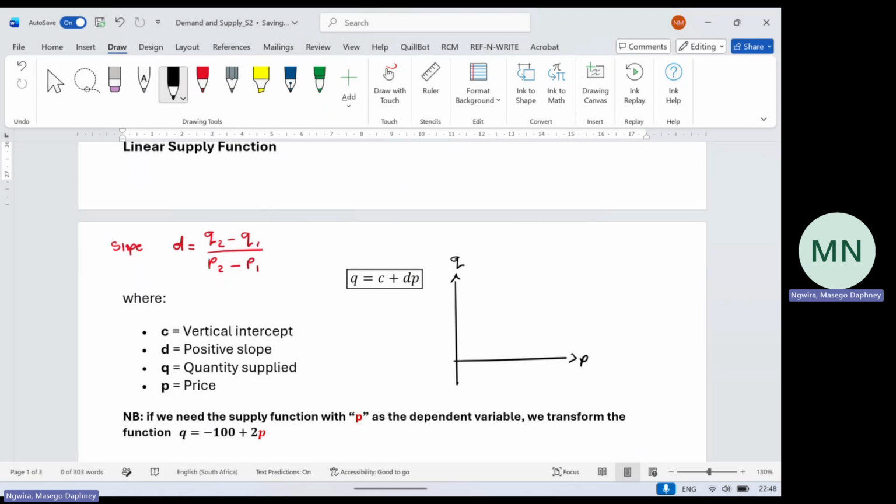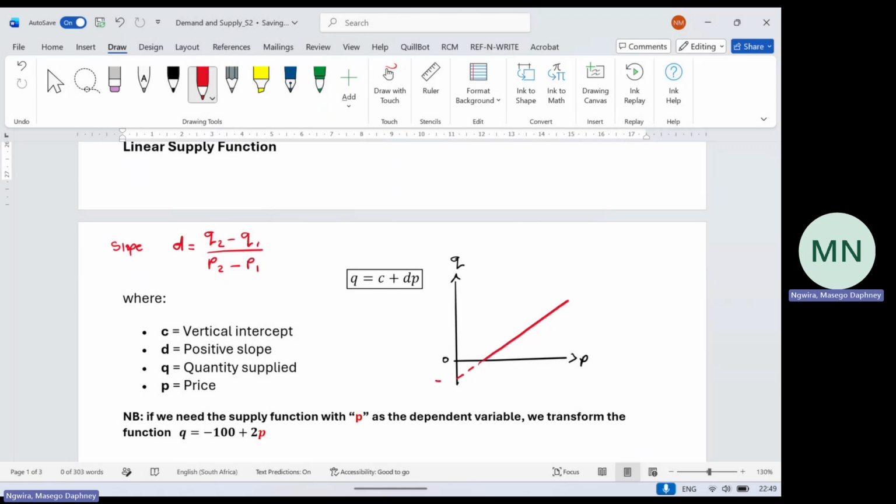Then C is where our graph starts. So when coming to the supply function, the graph is going to start here at the bottom, on the negative side. You will see when we do problems what we mean when we say the graph starts, but we don't consider this part.